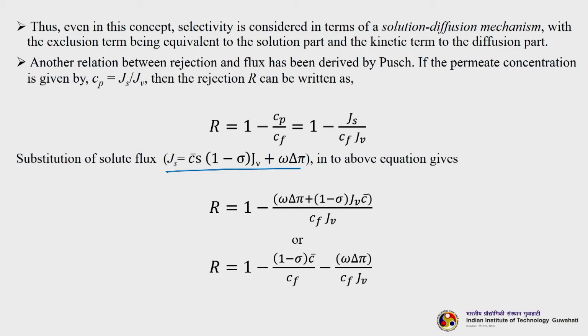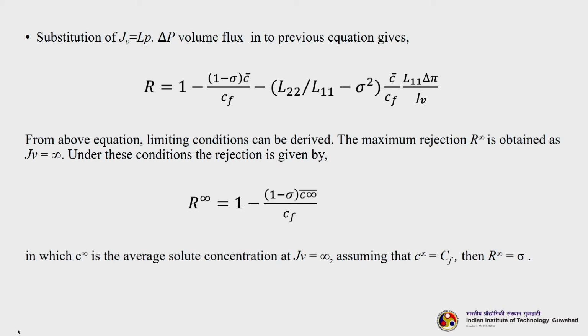We can just modify this equation. This is not really a modification, it is just rearranging the parameters in terms of the reflection coefficient. So, substituting Jv equals Lp times delta p, the rejection equation becomes something like this. Here L22 and L11 come into the picture, the coupling coefficients as well as the reflection coefficient. From the above equation, limiting conditions can be derived.